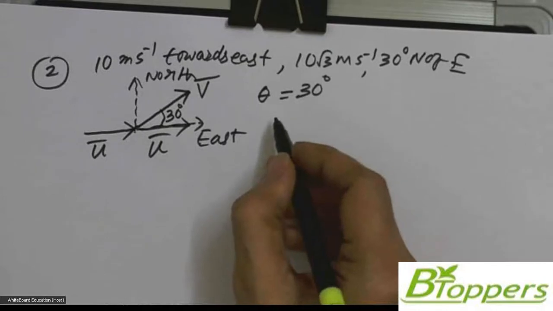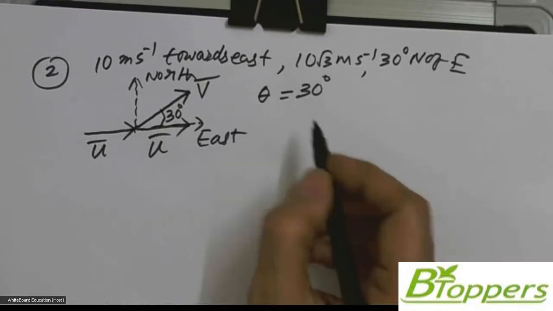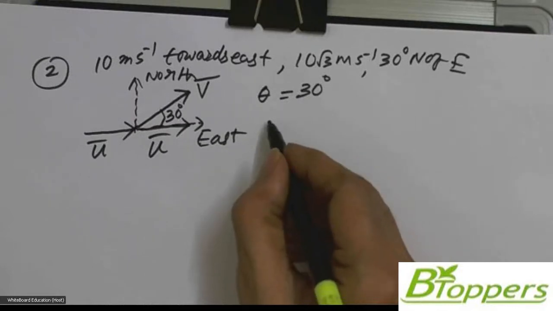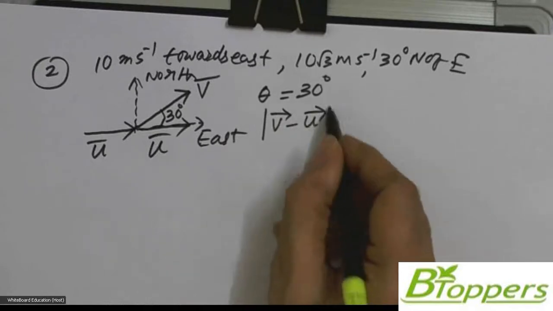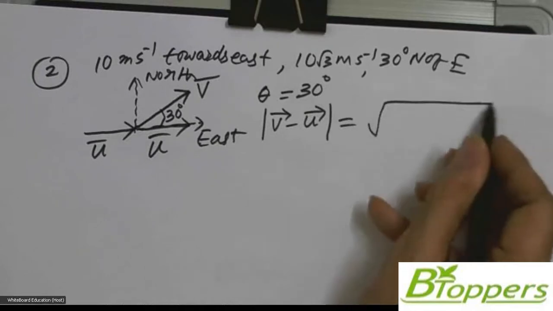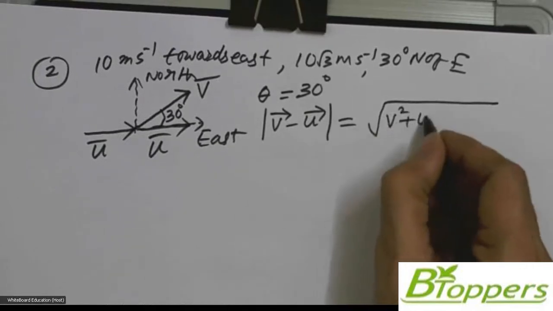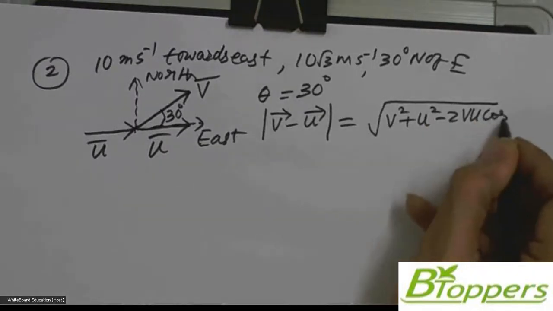Using the formula for the magnitude of the vector difference of two vectors, that is modulus of A bar minus B bar equal to root of A square plus B square minus 2AB cos theta. The same way, the magnitude of the vector difference v bar minus u bar can be written as square root of V square plus U square minus 2VU cos theta.